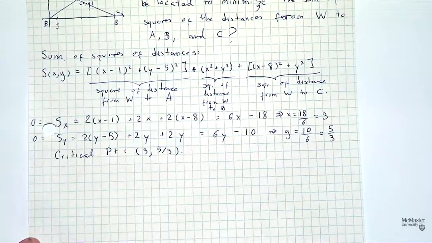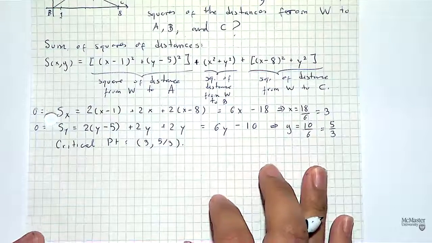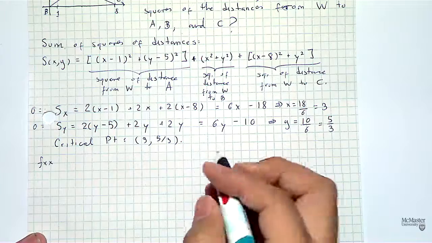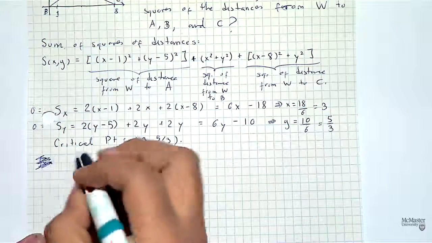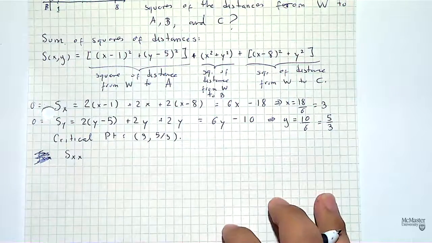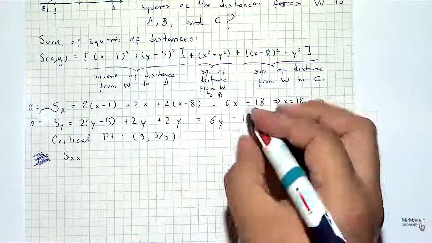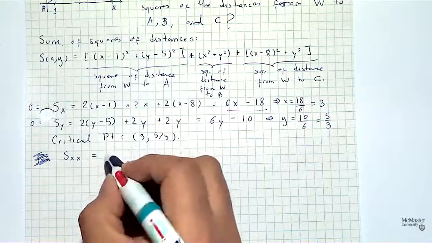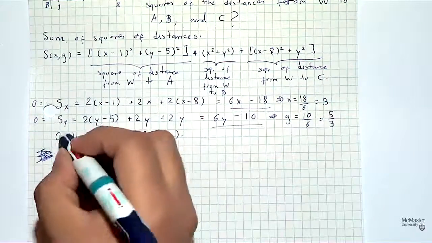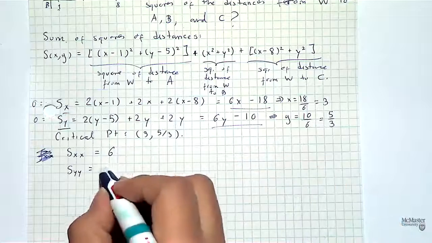And, well, in order to use the second partials test, I need to compute fxx, so second derivative. Well, actually, I forgot that I wrote the function as S. So Sxx. I have it over here. Remember this. So this would be 6. Syy. Remember that I have this. So this would be 6 as well.